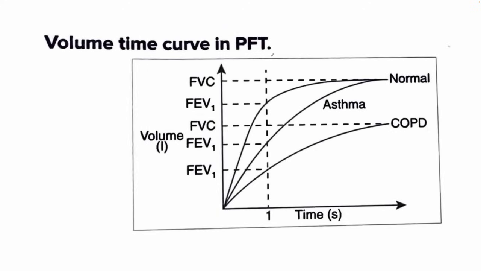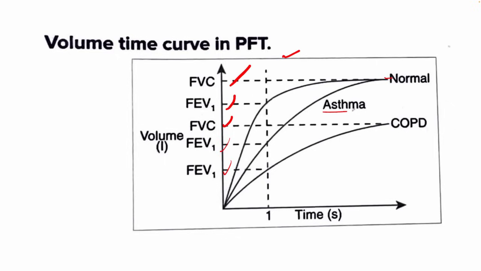Now this is the volume time curve found in the pulmonary function test. FVC could be normal here, and all the normal ratios are denoted.